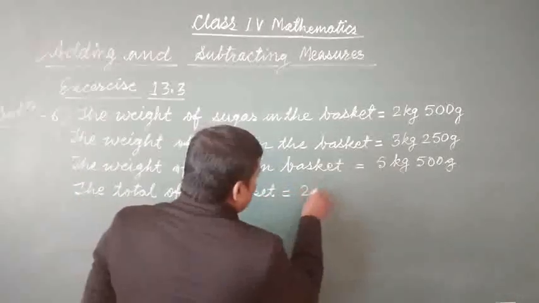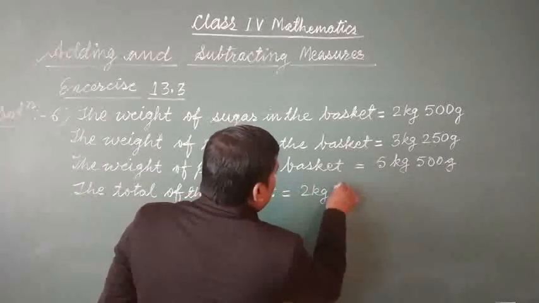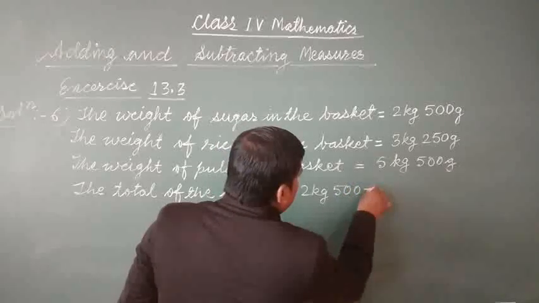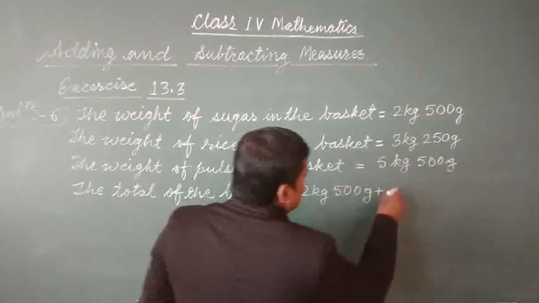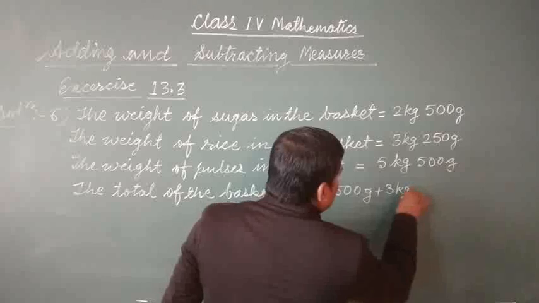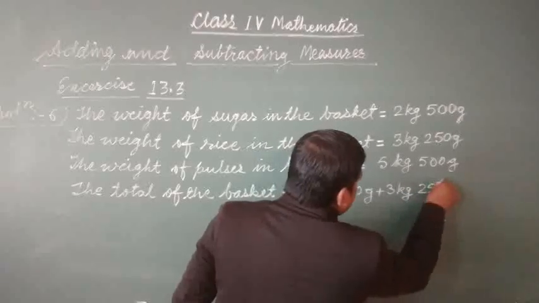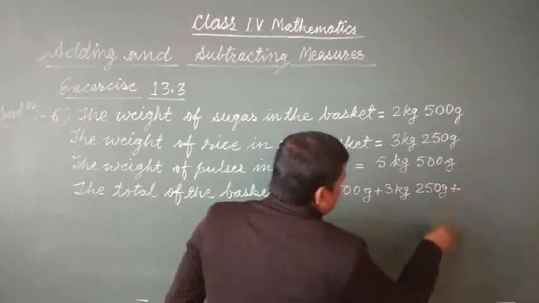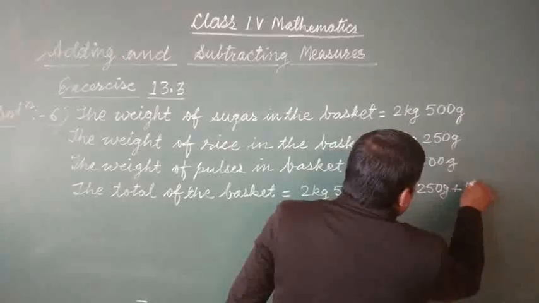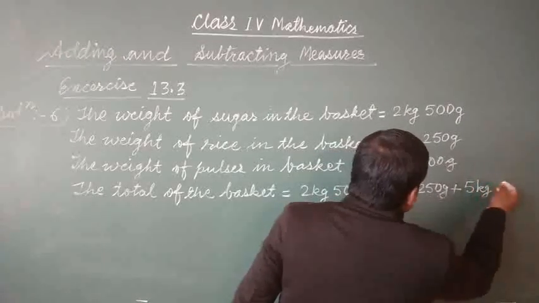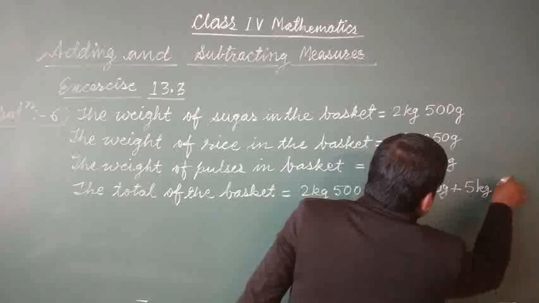So we write 2 kg 500 gram plus 3 kg 250 gram plus 5 kg 500 gram.